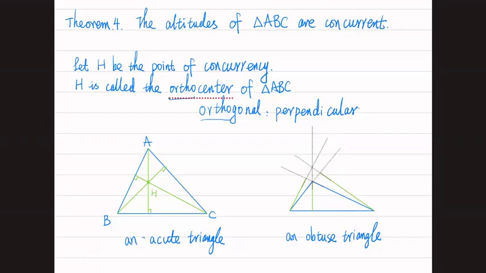Let's mark the perpendicular relation here. But the intersection, the point of concurrency, is on the extended lines. And then we mark this.